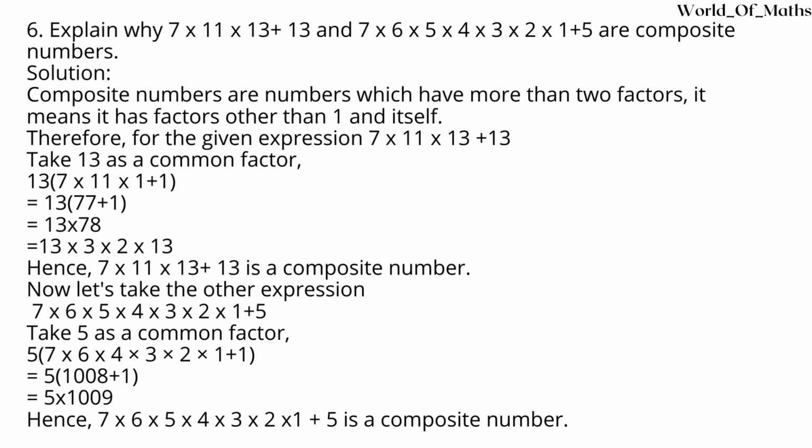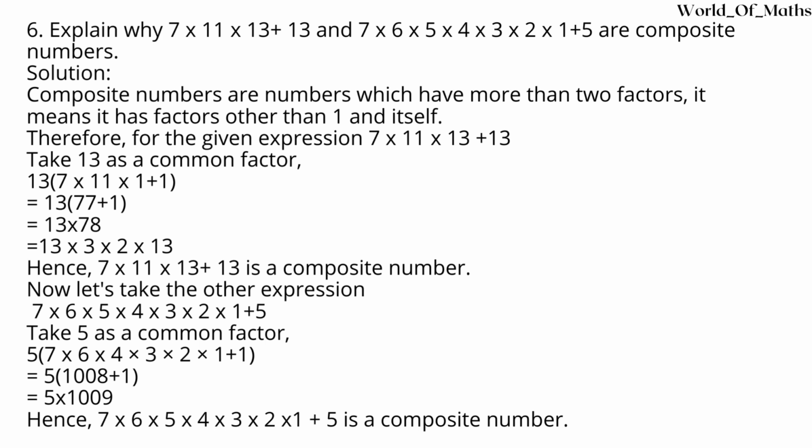If we prime factorize 78, 78 can be expressed as the product of 3 multiplied by 2 multiplied by 13. Hence, we can see there are more than two factors involved for this expression. The factors involved are 13, 3, 2 and 1. So, any number with more than two factors is a composite number. Hence, we can say the given expression is a composite number.